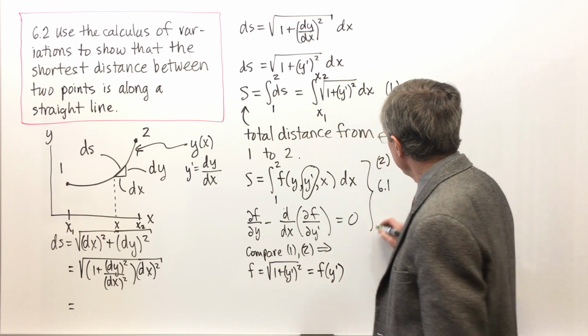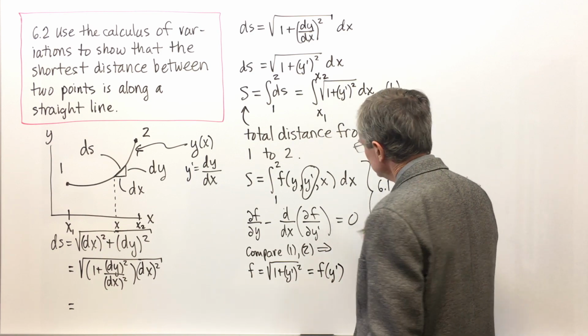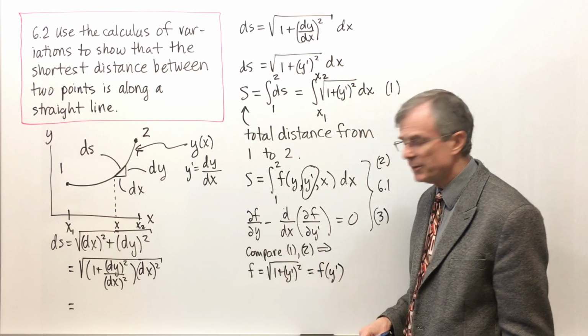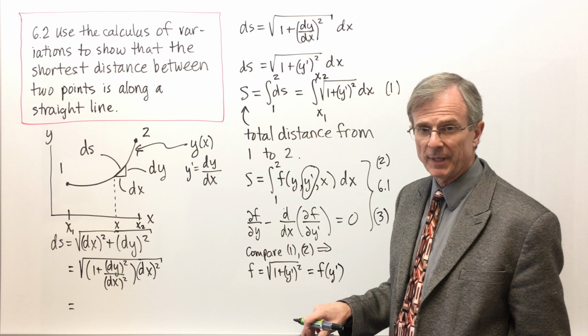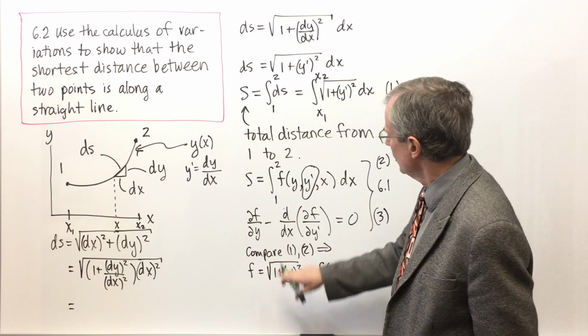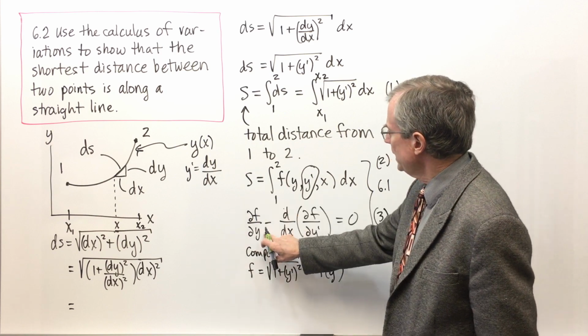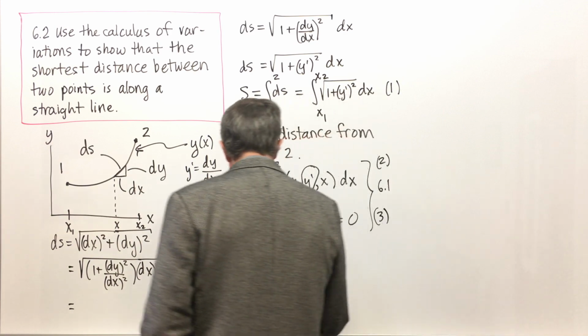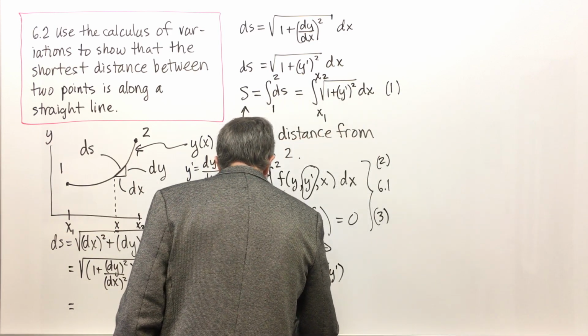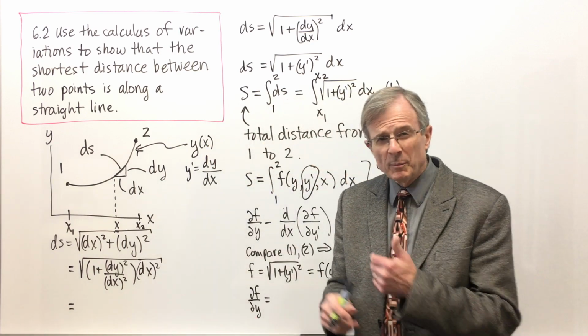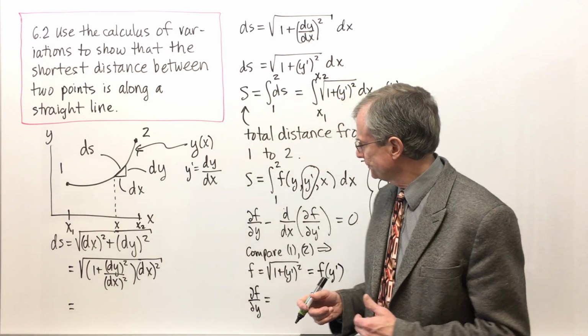So we're going to apply equation 3 now, the Euler-Lagrange equation, and see if we can solve the calculus of variations problem. Well, I need df by dy. What do we mean by a partial derivative?